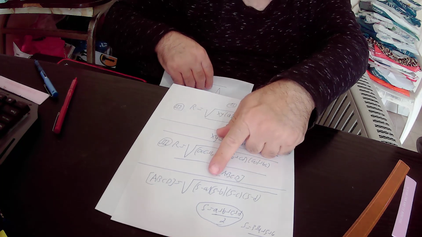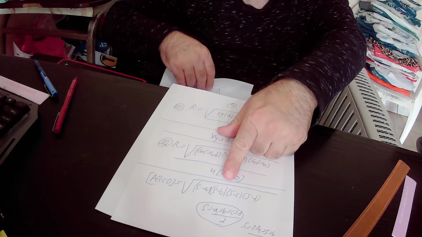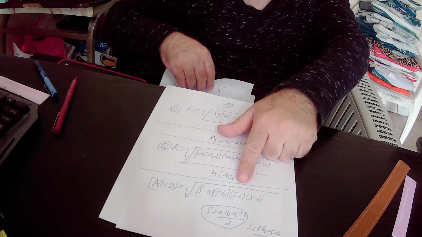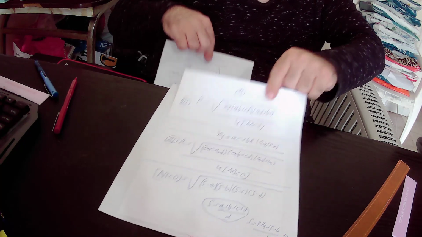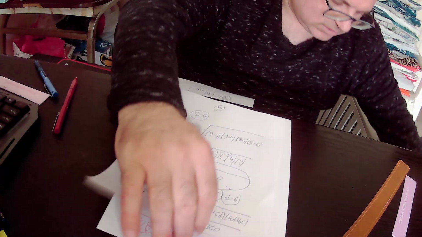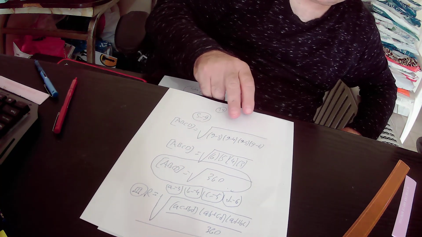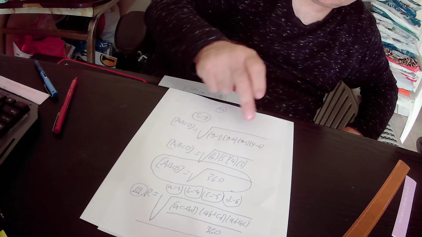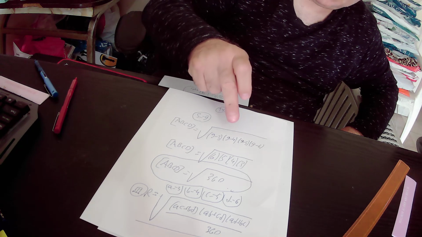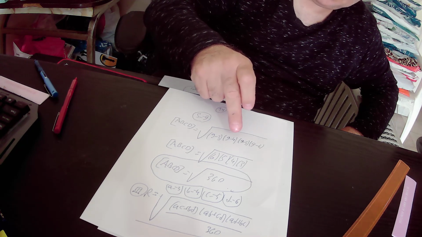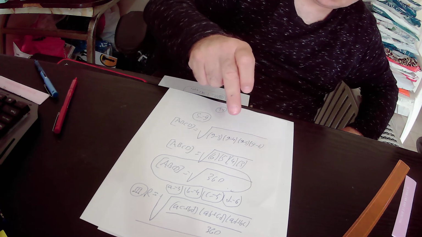Here s minus a is 9 minus 3, s minus b is 9 minus 4, s minus c is 9 minus 5, and s minus d is 9 minus 6. So we got this expression. 9 minus 3 is 6, 9 minus 4 is 5, 9 minus 5 is 4, 9 minus 6 is 3, and the root of 6 times 5 is 30, 30 times 4 is 120, and 120 times 3 is 360.